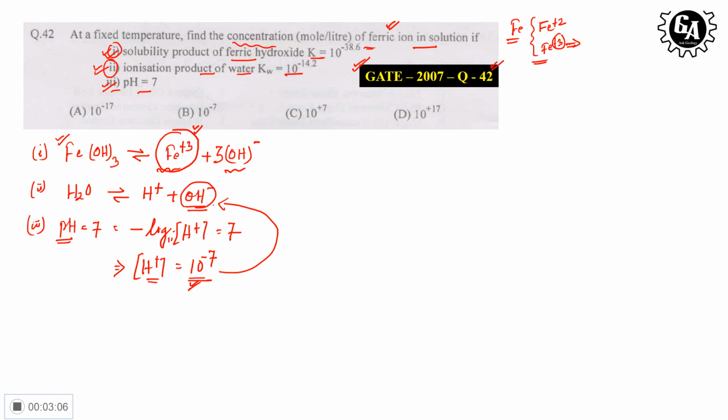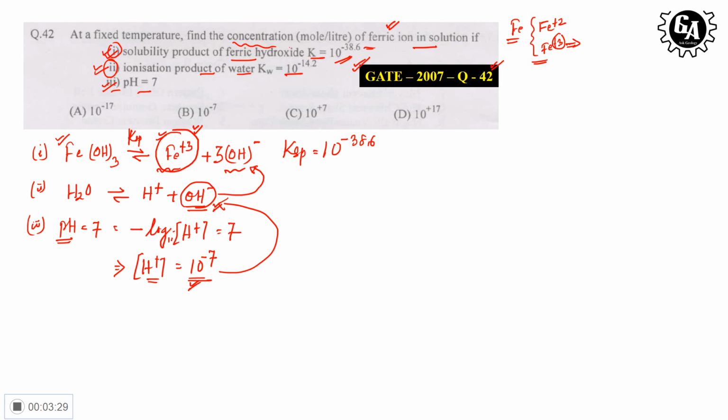Then we will put the OH minus value here so that we can get Fe+3, because the KSP, the solubility product, is given. The KSP value is 10 to the power minus 38.6.